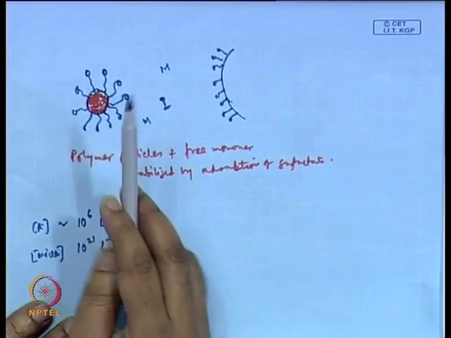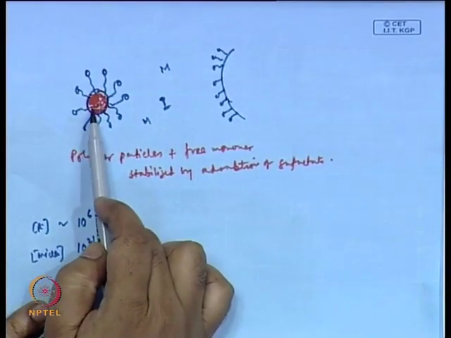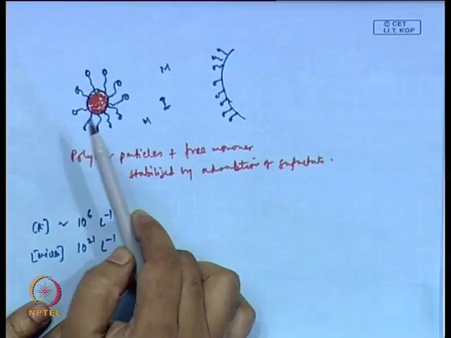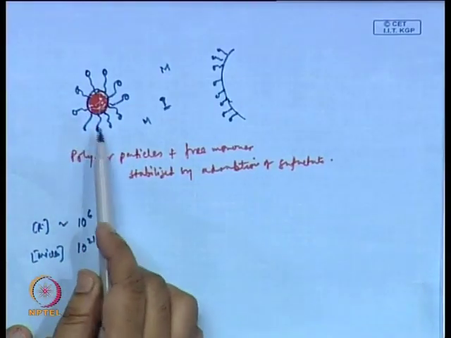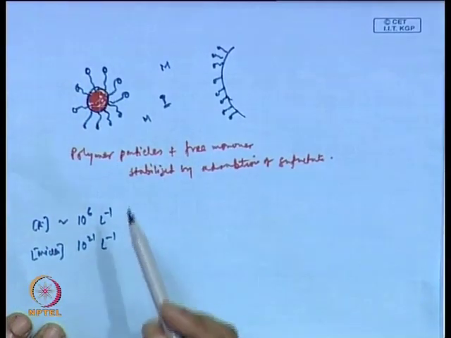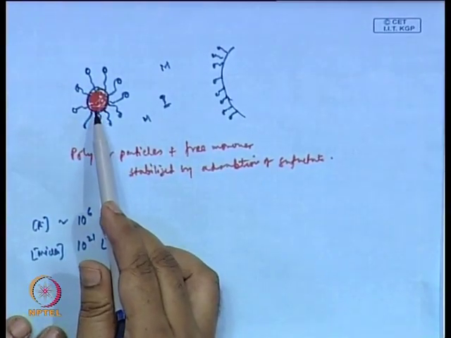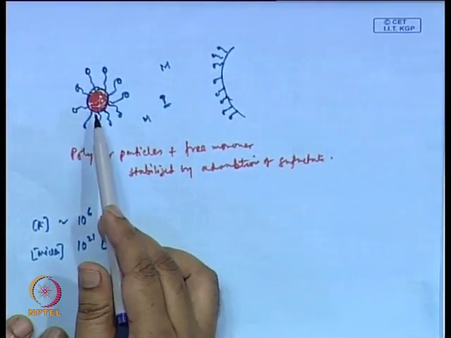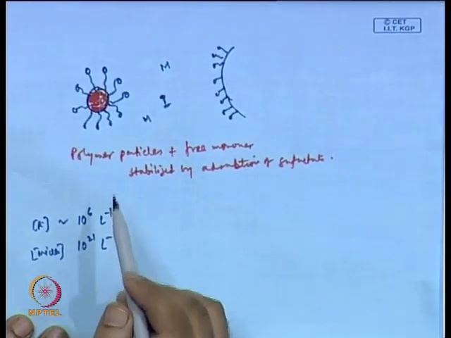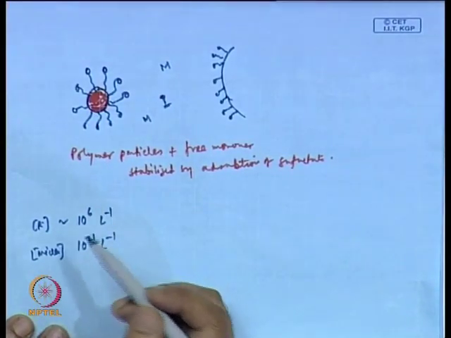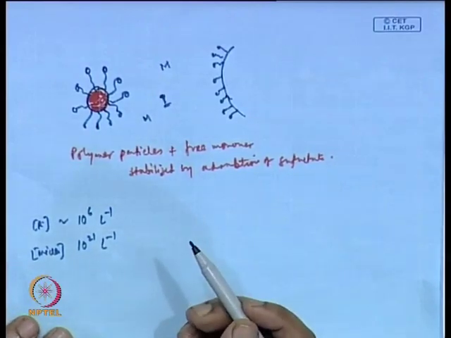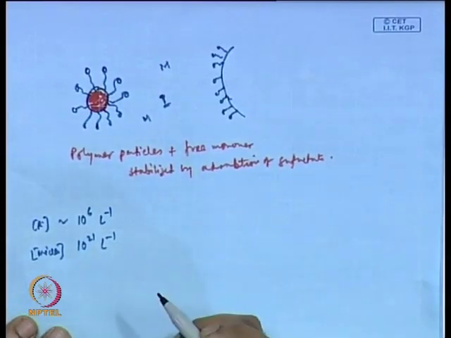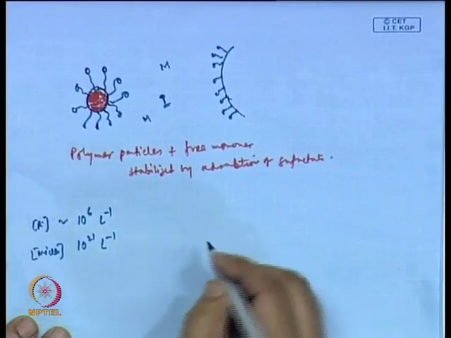So, at any point of time there are two possibilities: either polymerization is progressing with one propagating radical, or it is zero radicals in this.